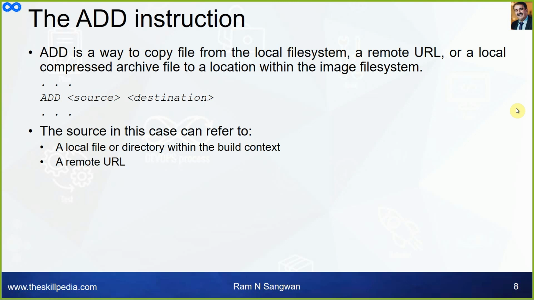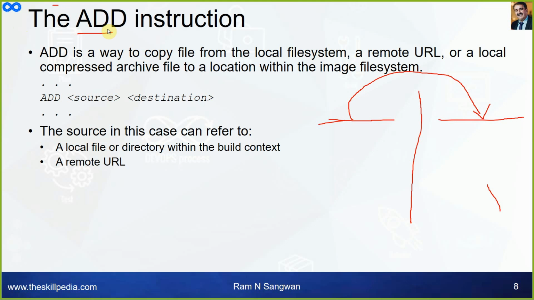Then the ADD instruction. ADD is the real example where I was talking about how we have to visualize two things. You want to add something from your local file system to the image file system. To transfer data from the local file system to the image file system after the build is over, you use this instruction, ADD. ADD is a way to copy files from the local file system, a remote URL, or a local compressed archive file.